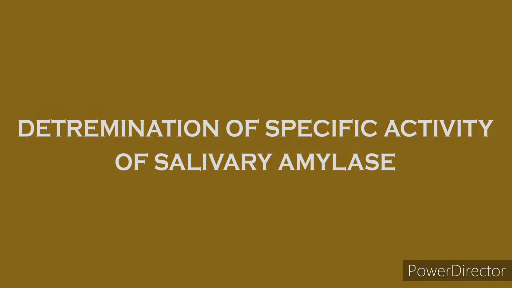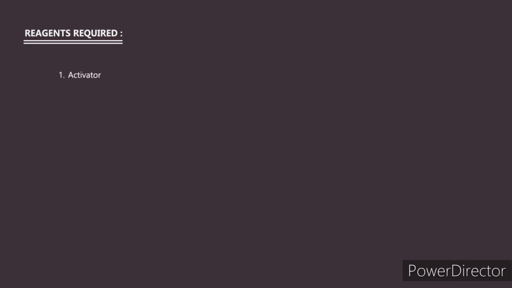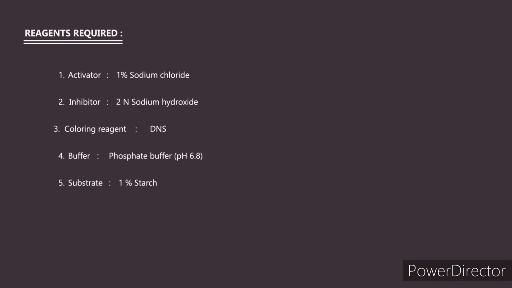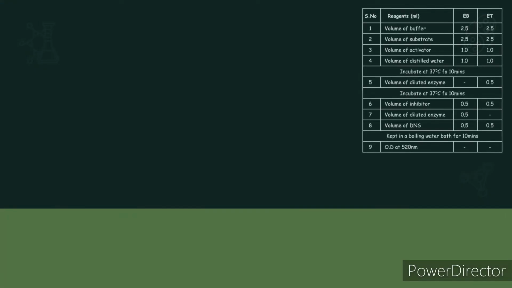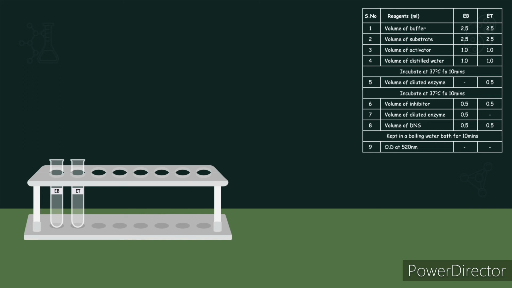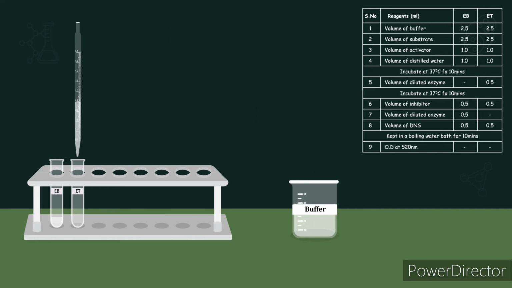Now the determination of specific activity of salivary amylase. After standard calibration of maltose, then the protein estimation, we are looking at specific activity estimation. Activator, inhibitor, coloring agent DNS, as we saw in maltose calibration. So you can see the buffers, substrate, activator in distilled water, incubate at 37 degrees centigrade, and the addition of enzyme, and further incubation at 37 degrees centigrade for 10 minutes.